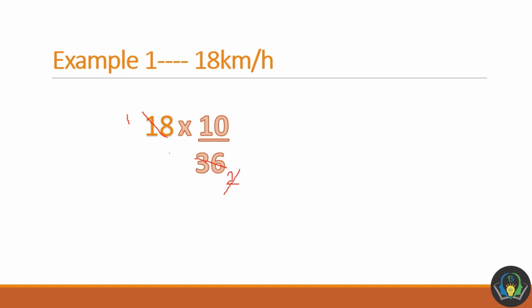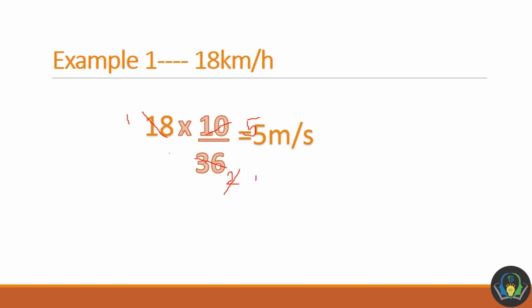Further cancelling it, 1 and 2 times 5. So with this we will be getting 5 meter per second. Very easy to understand. It's just merely multiplying by 10 upon 36. You can also take 5 upon 18. It is the same.